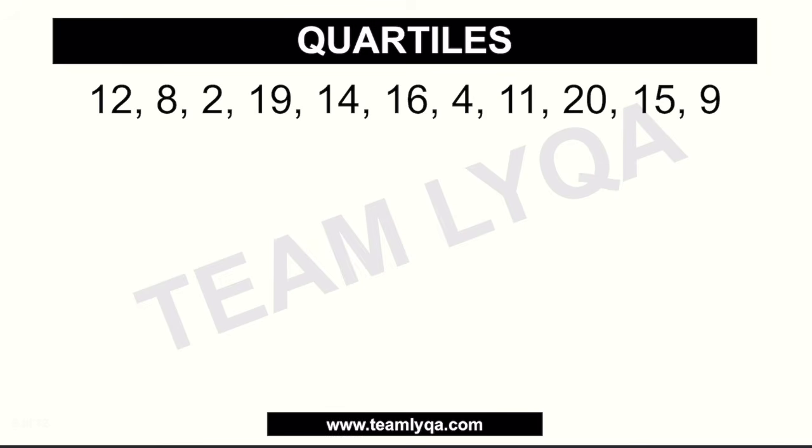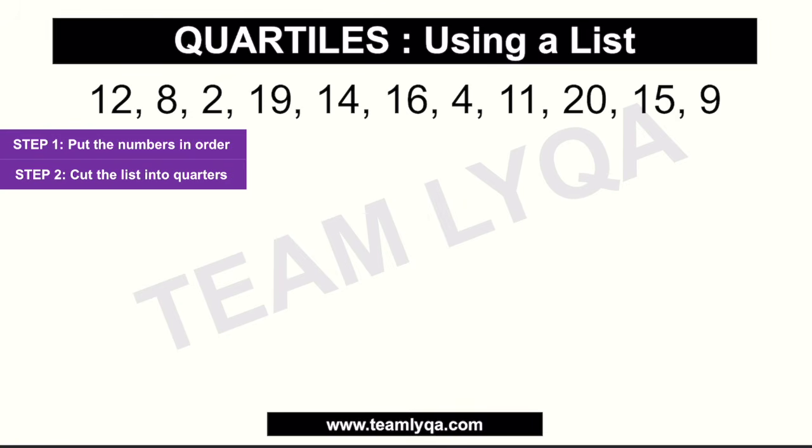Now, here we have a set of numbers. Okay, ito yung elements ng ating set. Hanapin natin yung pagkakalagay ng mga quartiles natin. And how do we do that? You actually have to do two things. First thing that you're going to do is to put the numbers in order. Okay, so yun muna yung gagawin natin. Isusulat lang natin sila in order sa pinakamaliit hanggang sa pinakamalaki.